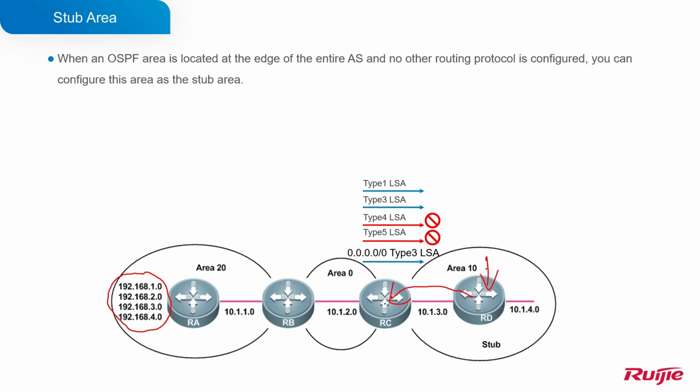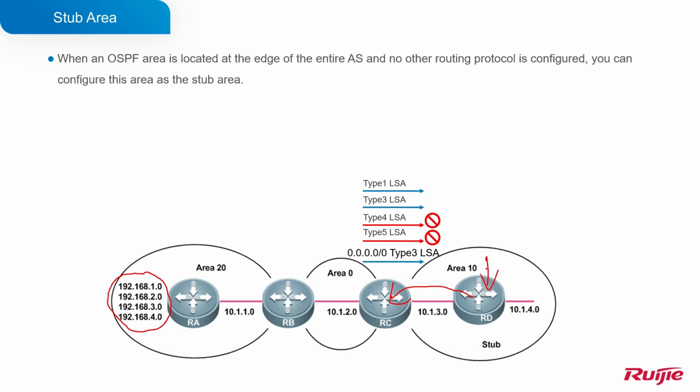So actually, for the RD device, whether we have the detailed information or we don't have the detailed information, there is no difference between the two situations, right? If we have the detailed information, we also have to send the packet to RC. If we don't have the detailed information, we also have to transmit the packet to the RC device. So there's no difference.